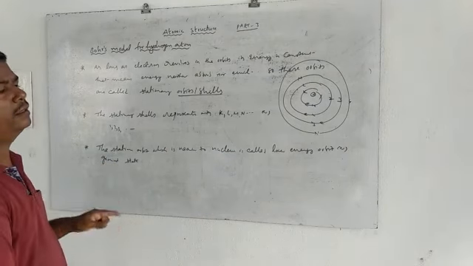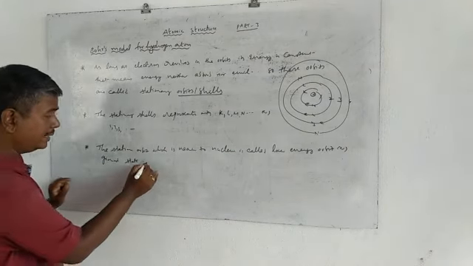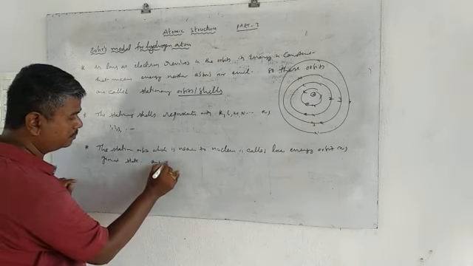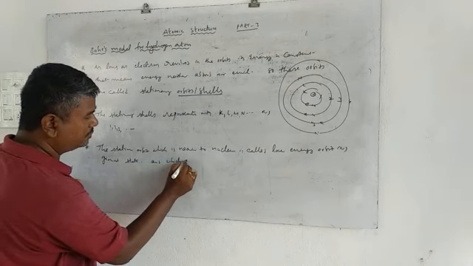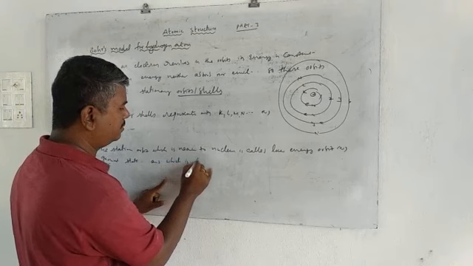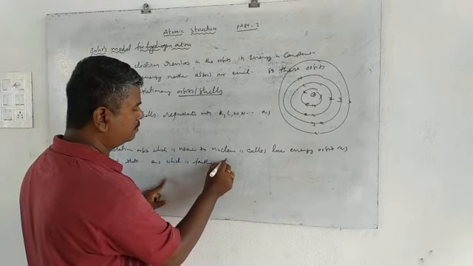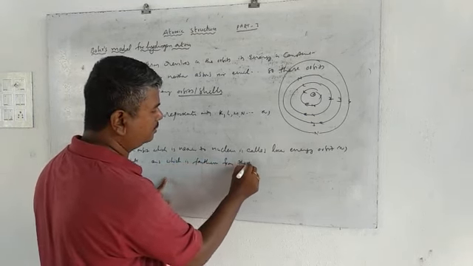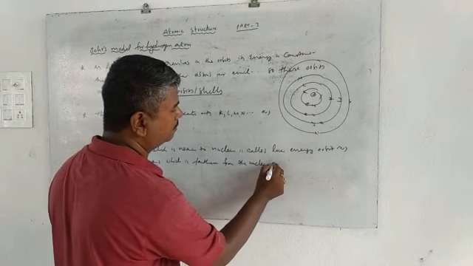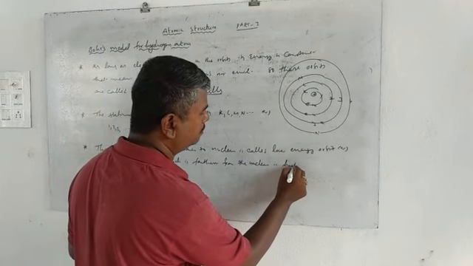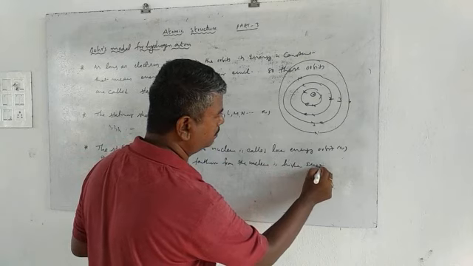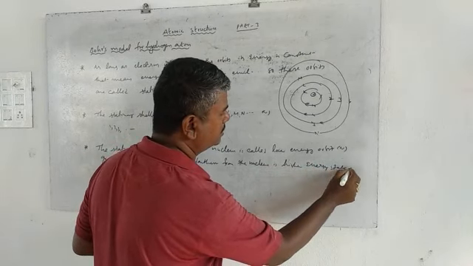The orbit which is farthest from the nucleus is the higher energy state.